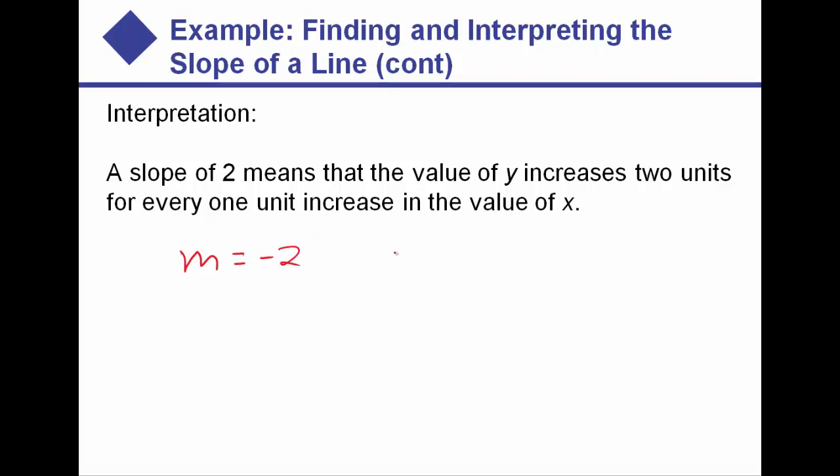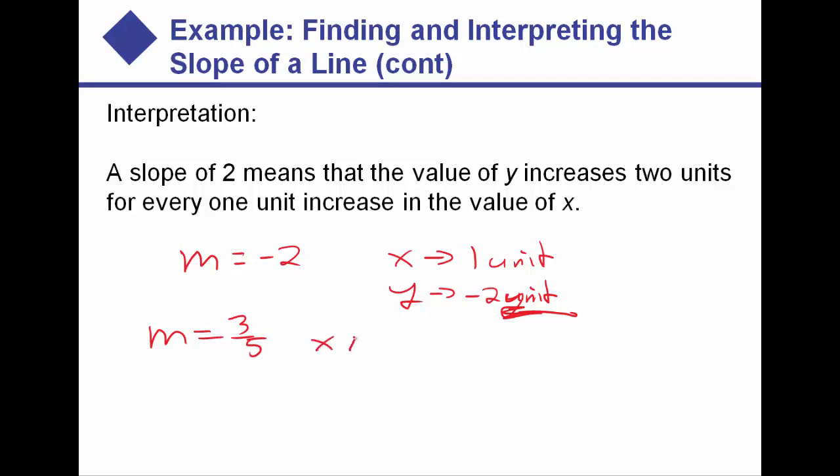Well, that means every time x goes up by 1 unit, y goes down, right, by 2 units. And then, of course, we could do this all day. If our slope was 3/5, when x goes up by 1, y goes up by 3/5, etc., etc., etc.